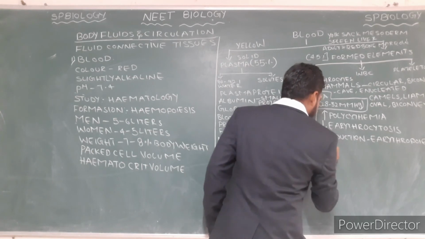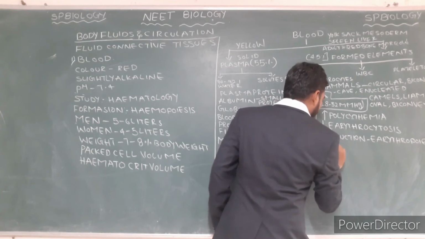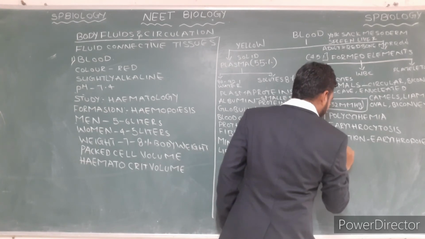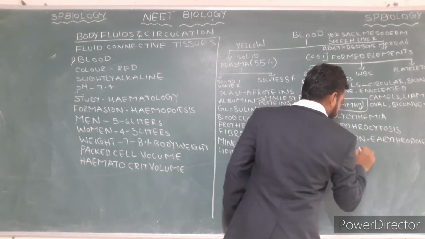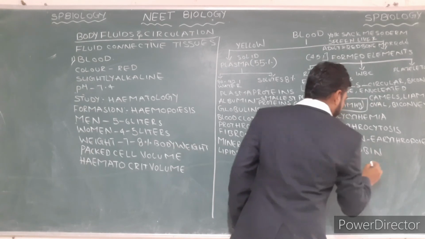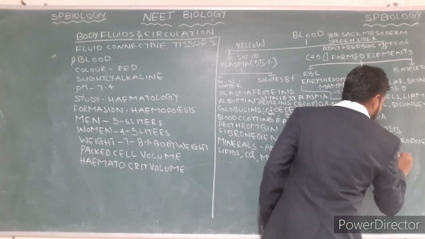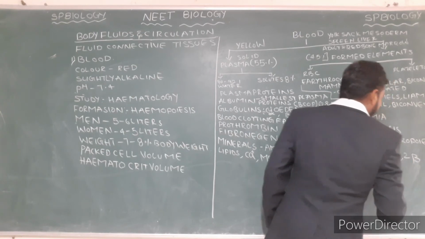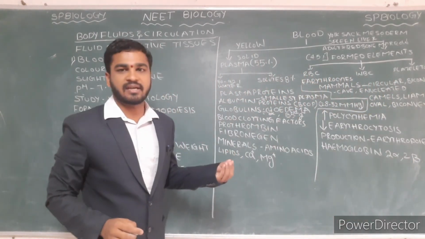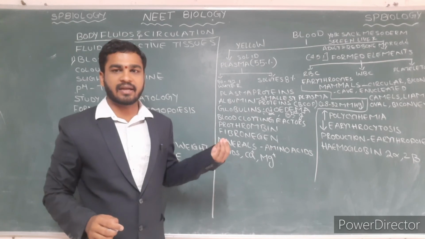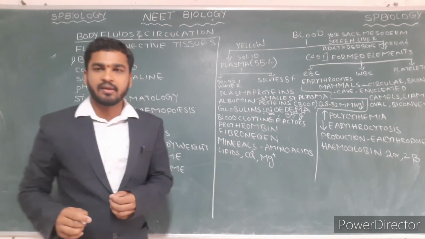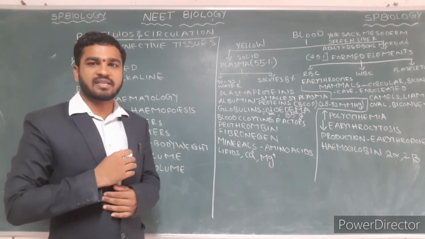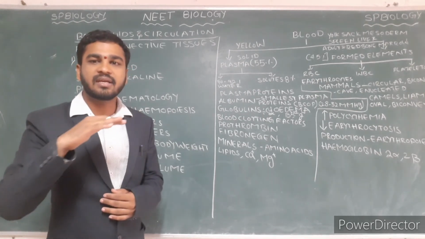The RBC is red in color due to the hemoglobin pigment. In hemoglobin, we can see 2 alpha chains and 2 beta chains and 4 heme molecules. At the center, we can see Fe+2 iron ion. When we are at the resting stage, the blood flow is very slow.